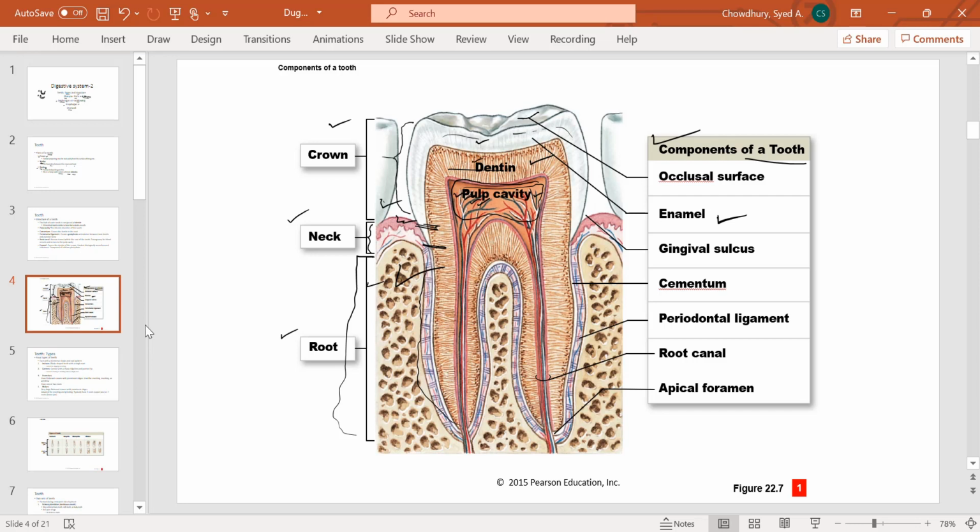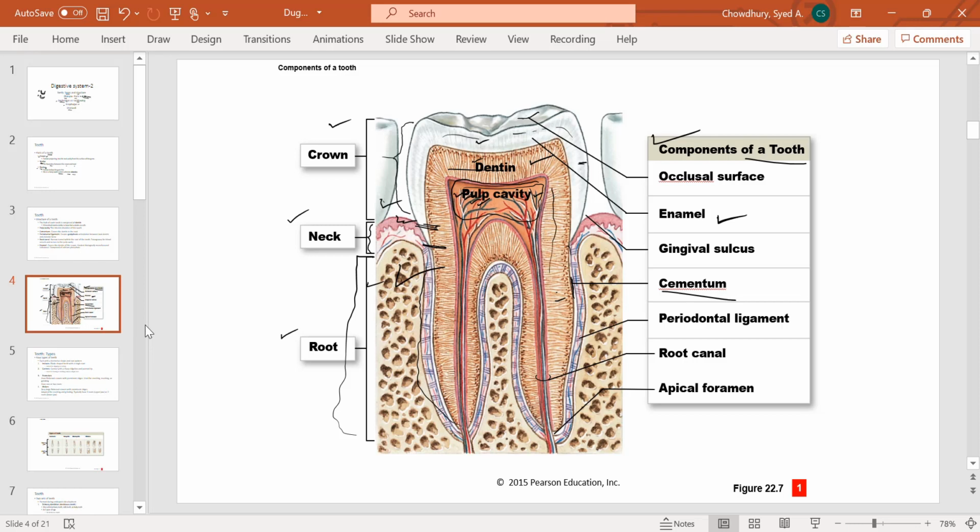Now if you see the root part, there is no enamel, right? Enamel only covers the exposed part. However, in the root part you have another structure, a different layer, that is called the cementum. So outer cementum, and then you have the dentin.